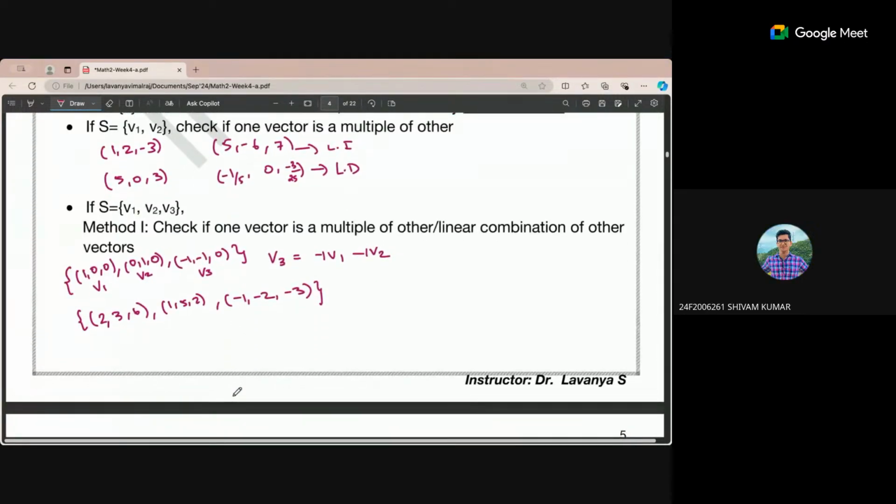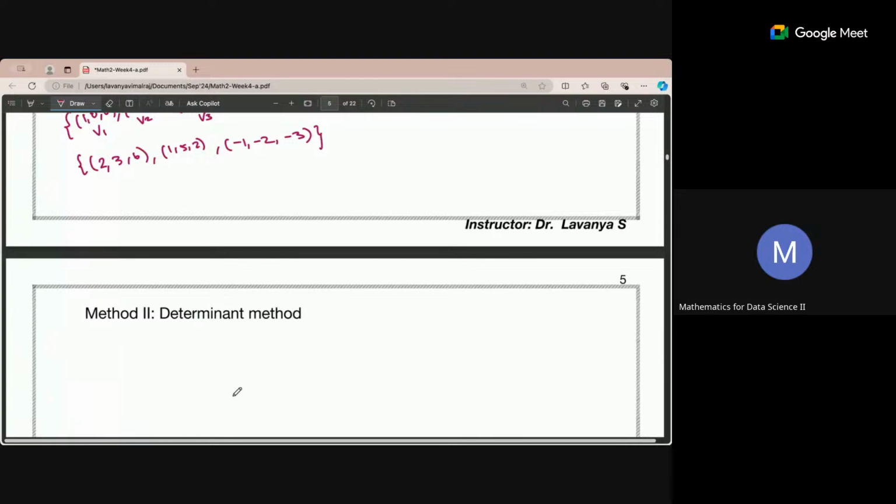Correct. In that case, prefer method 2, the determinant method. Simply find the determinant and you will find the answer. If you have vectors v1, v2, v3 from R3, form a matrix A with v1, v2, v3 as the columns of the matrix.